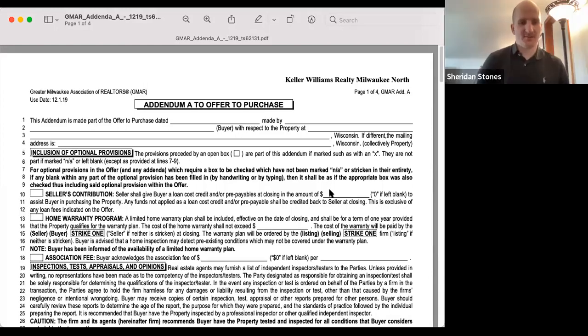Yeah, just to go on what Carla was asking. It shows that the buyer has a lot of different responsibilities in the Addendum A. Is that not applicable then if you don't include it? Correct.